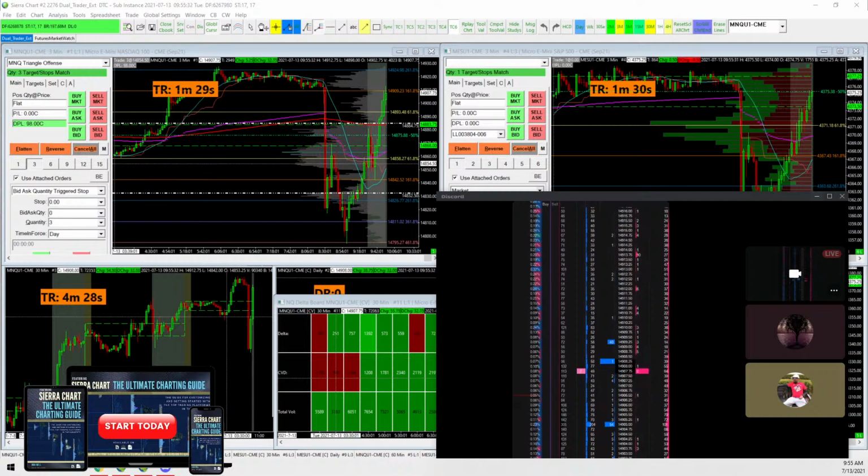So from a market maker perspective, boom, we turned the page on the move. So that program is just completed. Hopefully no one's still holding shorts from taking that bait.